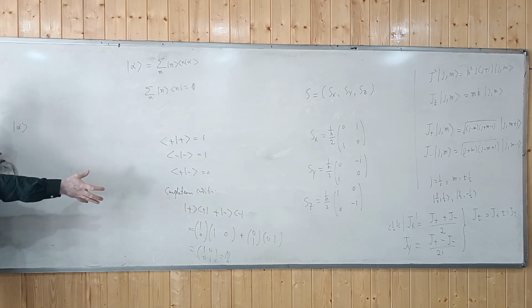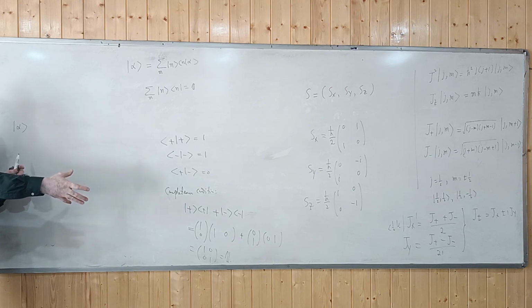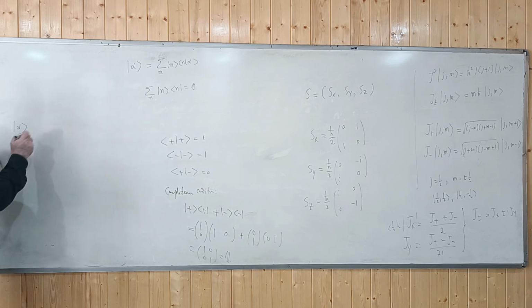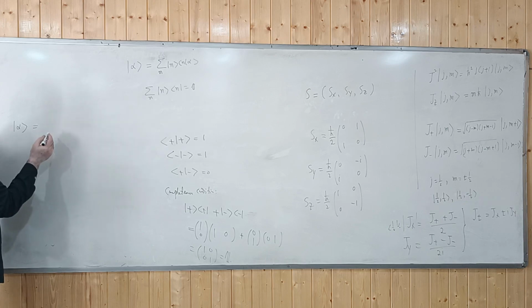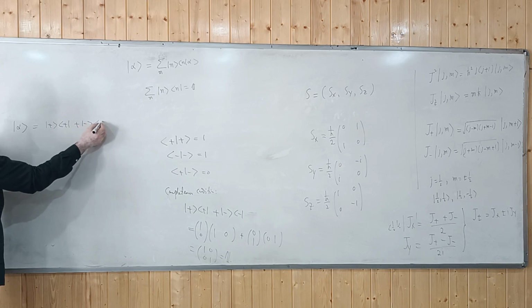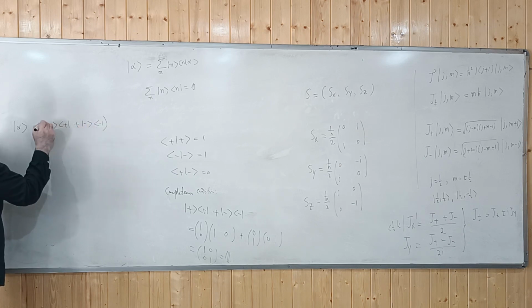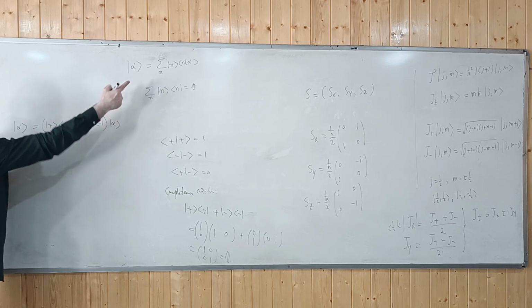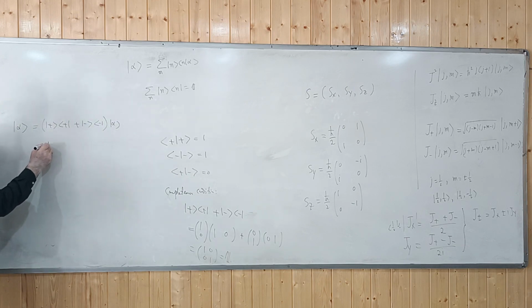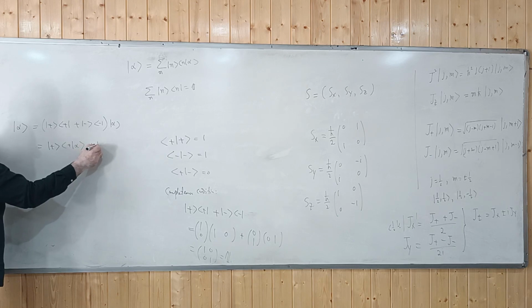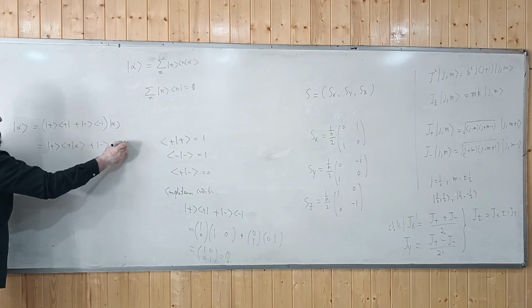So I can express it in terms of the basis. What I have to do is introduce an identity like this, the way we have done here. So you write an identity here, and so it is plus alpha, minus alpha.